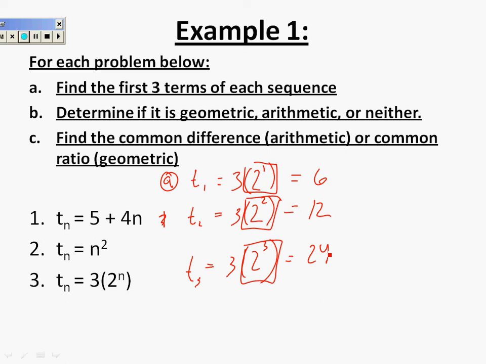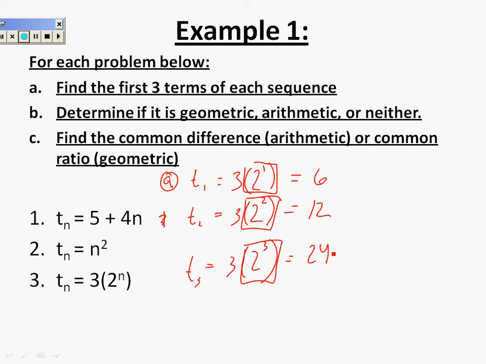All right, part B. Determine if it's arithmetic, geometric, or neither. So, if I were to subtract the first 2 terms, I would get a common difference of what? 6. Would that work for the next pair? No, because if you add 6 to 12, you do not get 24, right? So it's not 6. Now let's try ratios.